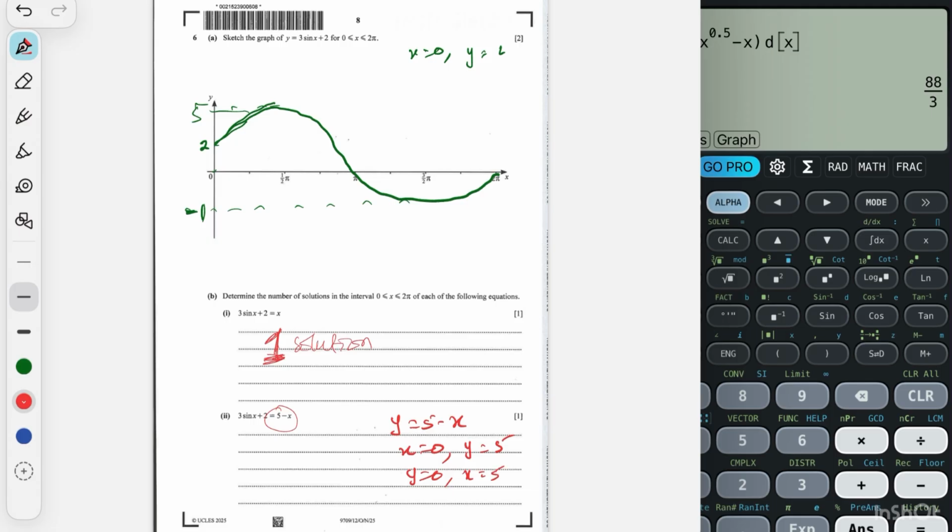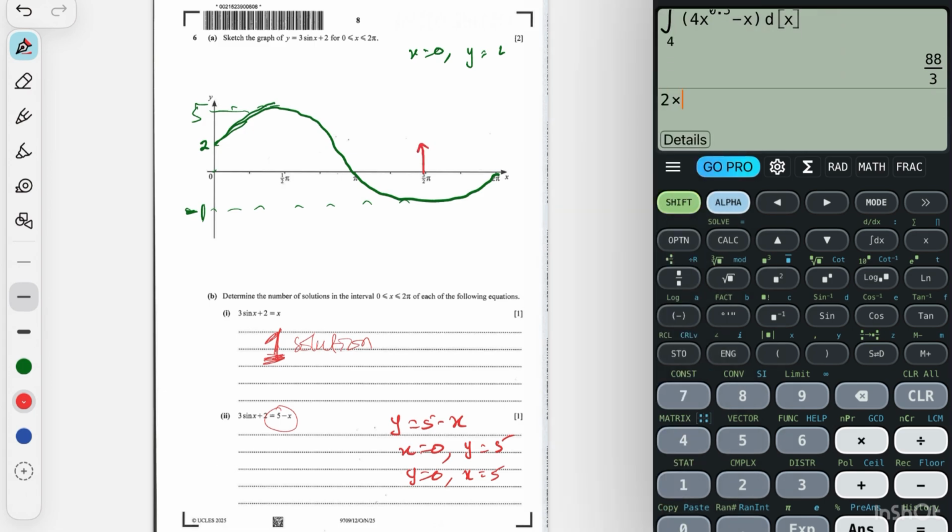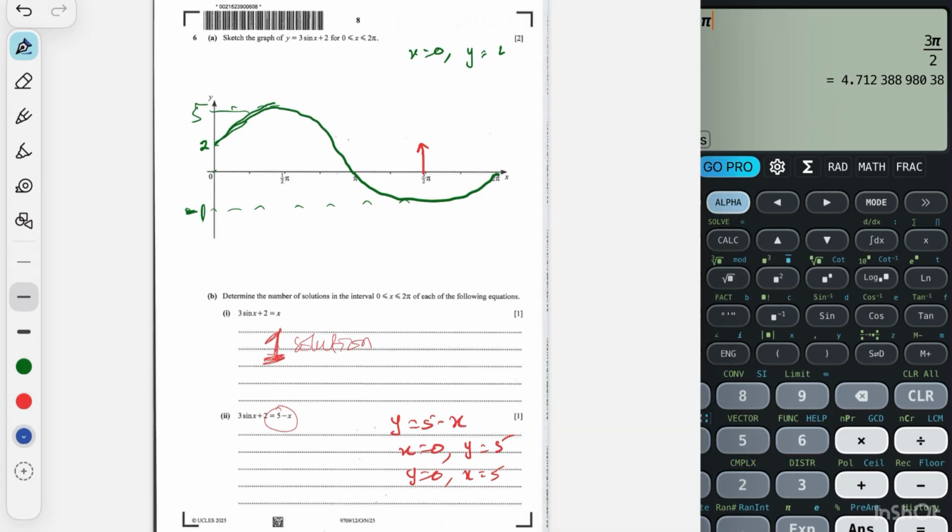So where will 5 be on the x-axis? Here, I want to know the exact value. 2 times pi is 6 point something. But 1.5 pi, which is 3 by 2 pi, times pi is 4. So it's in between. It doesn't matter how you draw it. So I'm going to have a line that goes like this and comes somewhere like this.